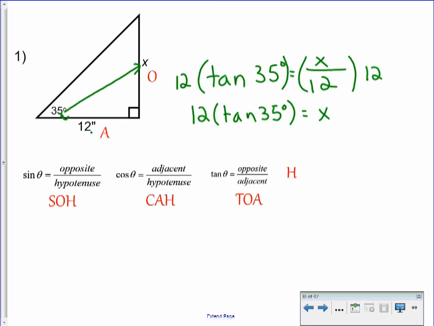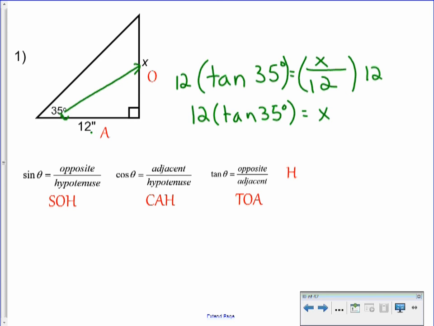What do we get? I pressed second. What do we get? 8.4.